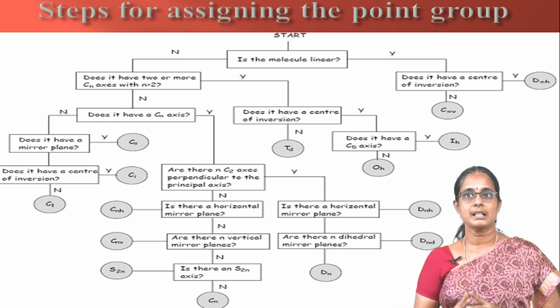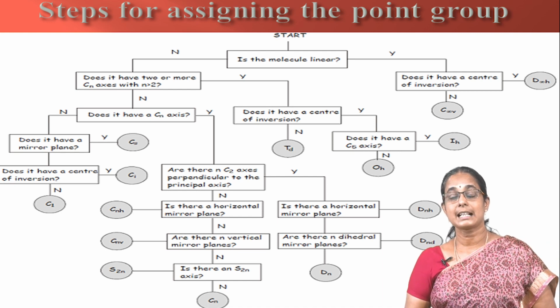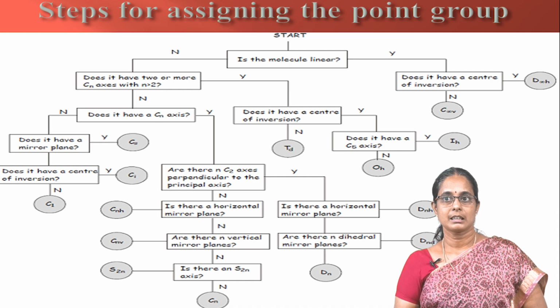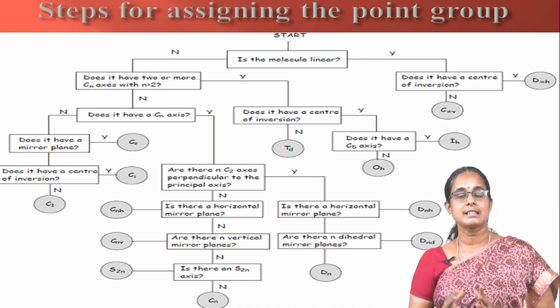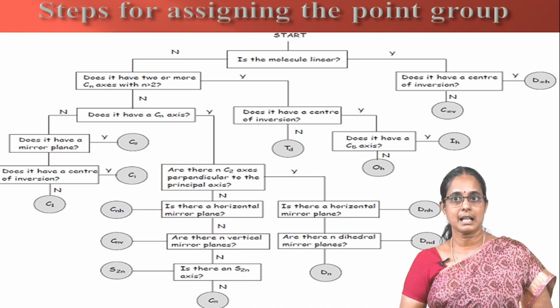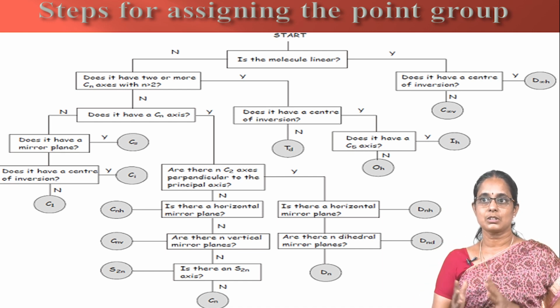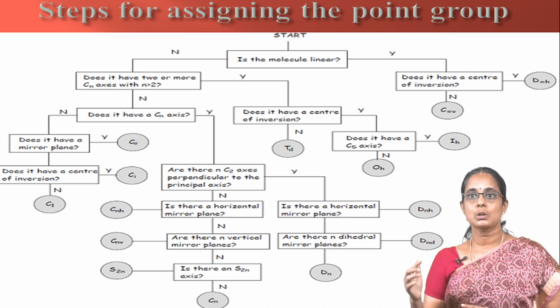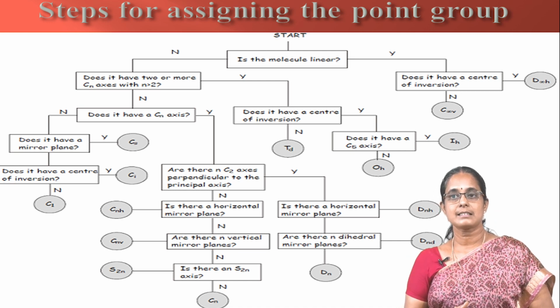If it is not, find the highest order rotation axis, that is Cn. Then determine whether the molecule has a C2 axis perpendicular to the principal axis. If so, there are n such C2 axes and the molecule is in the D set of point groups, that is dihedral.